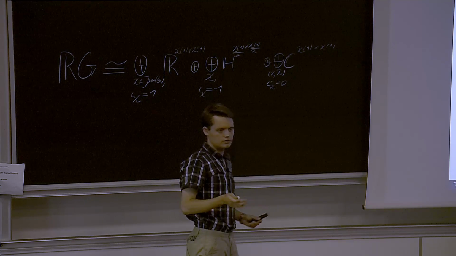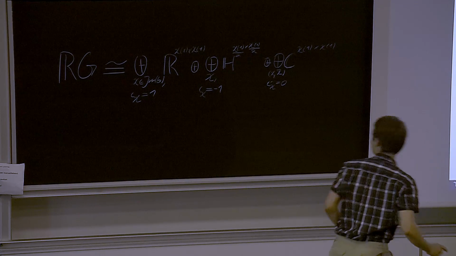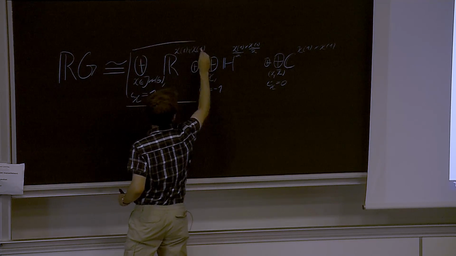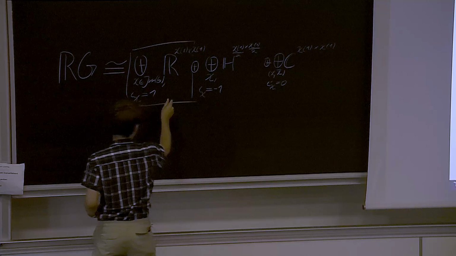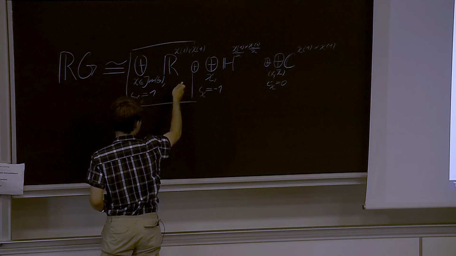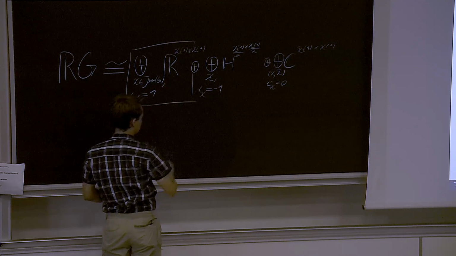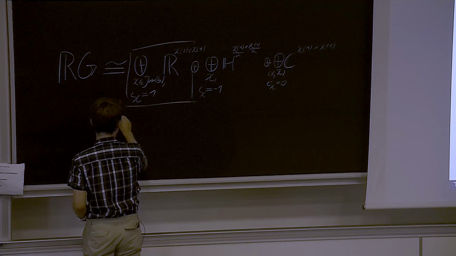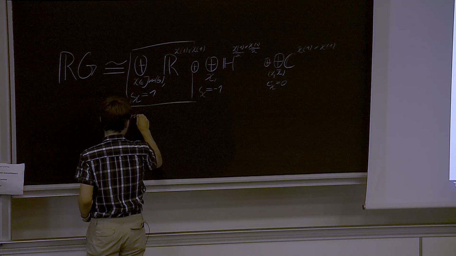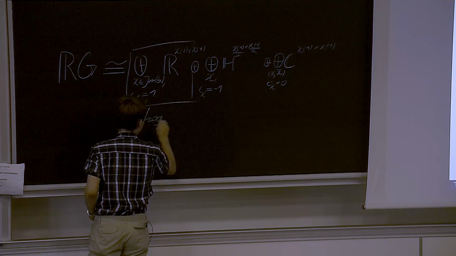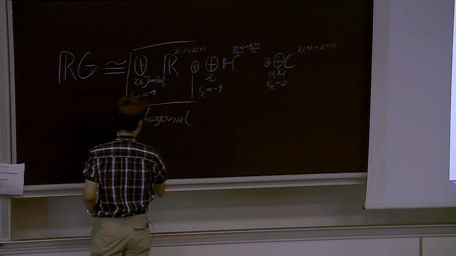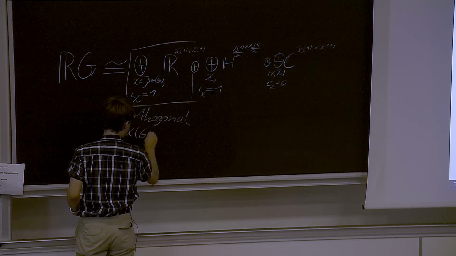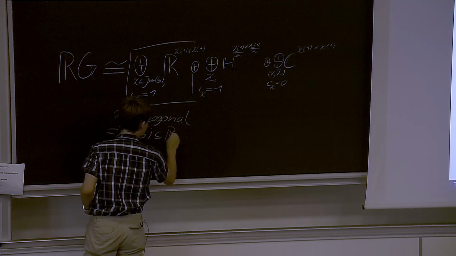So let me take maybe another color. The orthogonal characters correspond to these. So they come from these real matrix rings. They come from these simple components. Here you can find the orthogonal characters. In particular, if chi is orthogonal, then you know that the character chi always takes real values.